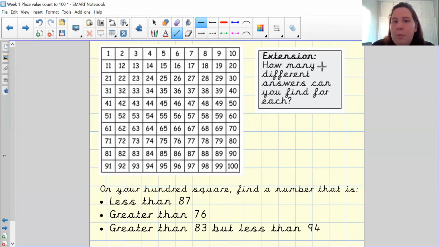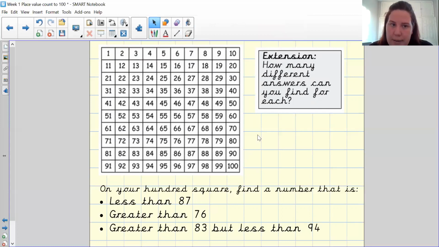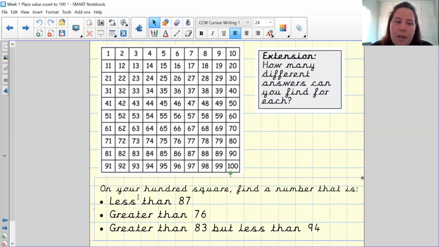So the extension then would be how many different answers can you find for each? So for this activity, I would love for you to make your own 100 grid square. So draw this out onto a piece of paper, and then you can color coordinate it. So less than 87, you might color the squares in a certain color.